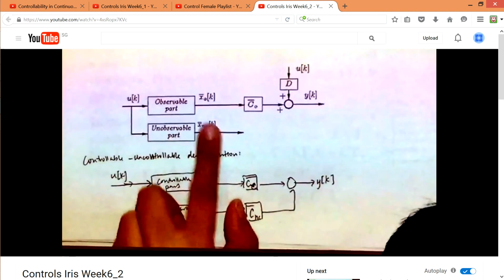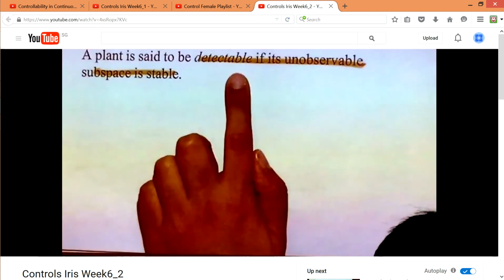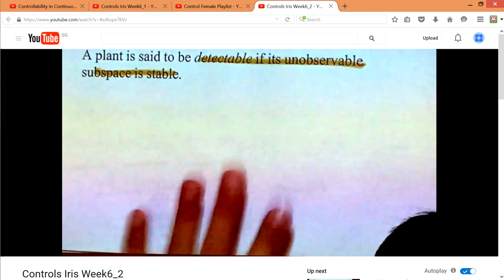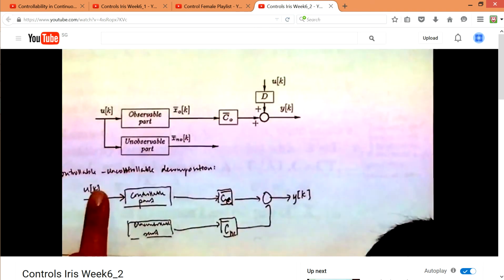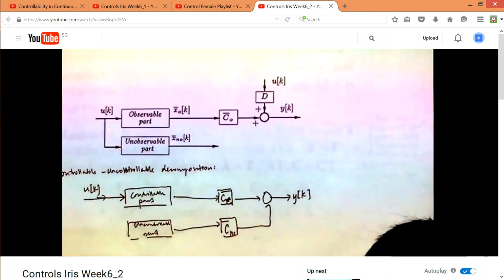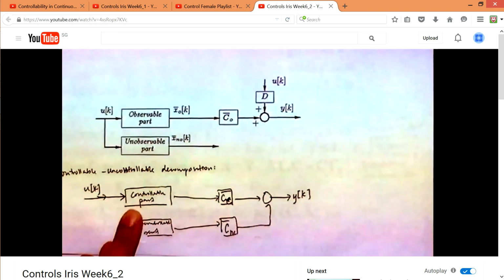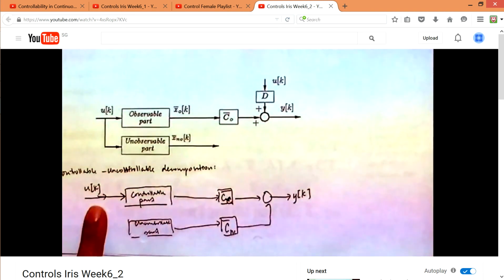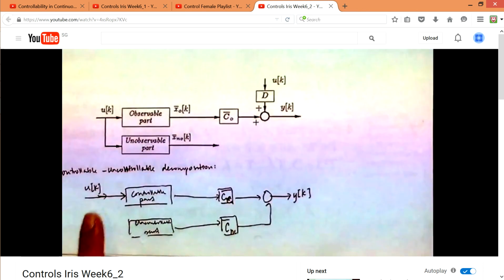If it is stable, we say that the system is still detectable if the unobservable subspace is stable. This is exactly the same as the controllable portion. But for the controllable portion, we say that the controllable part can be controlled by a different U, and the non-controllable part cannot be controlled by the different U.